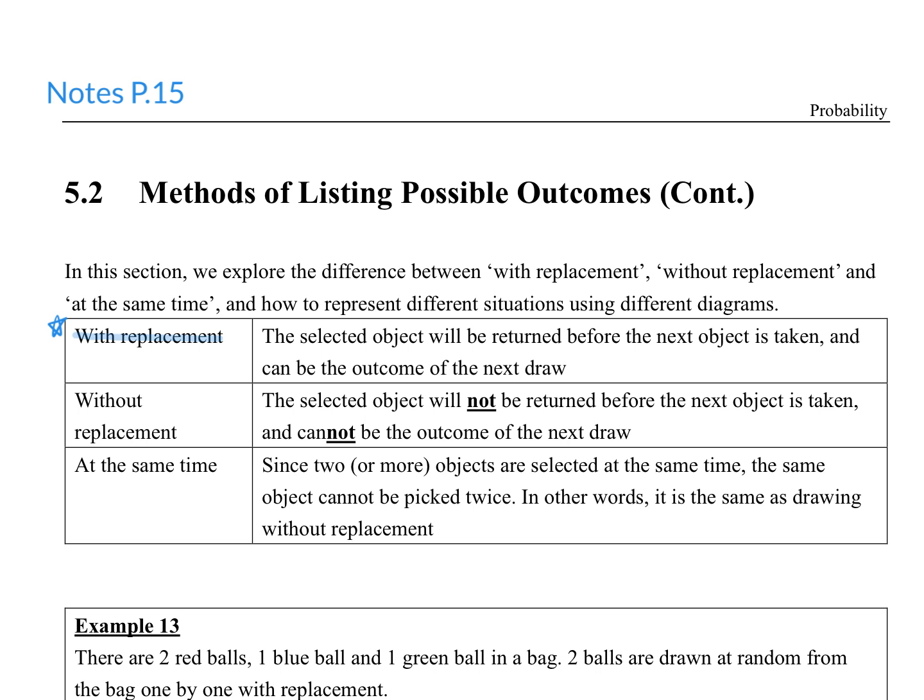Without replacement, however, is another case where the selected object will not be returned and cannot be the outcome of the next draw. For example, in a Christmas party lucky draw, everyone puts their name into the bag, so once you are drawn you won't be drawn again.